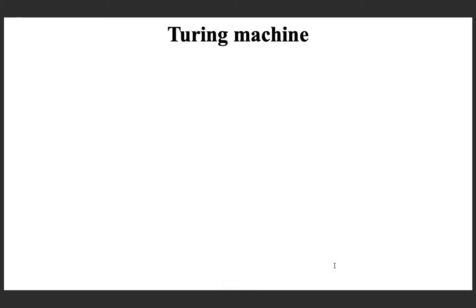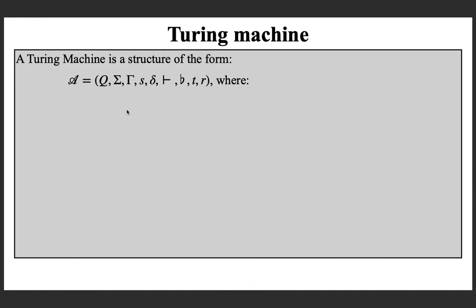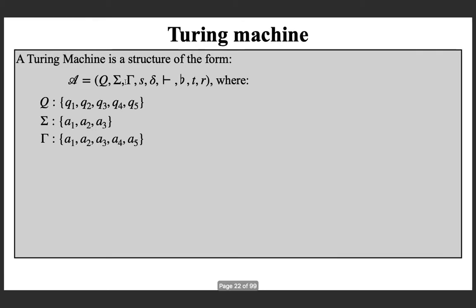With this, now we can look at the definition of the Turing machine that we have learned. Please don't get confused about it; we can discuss it with an example. This is the tuple definition of a Turing machine, where the first element is a set of states. For example, suppose you have 5 states, Q1, Q2, etc., Q5. The second element is the input alphabet set, and assume you have 3 input alphabets, A1, A2, and A3. Thirdly, you have the tape alphabet, and suppose you have 5 tape alphabets, A1 to A5.